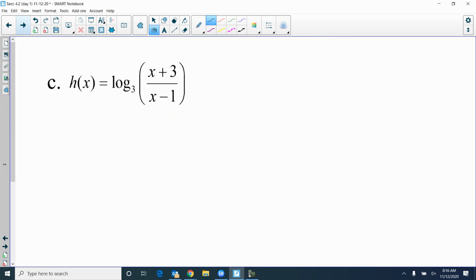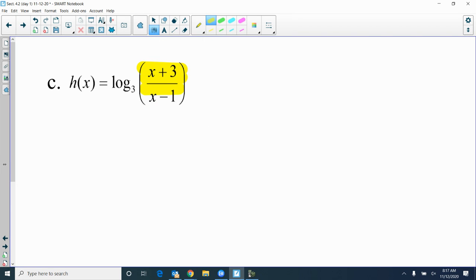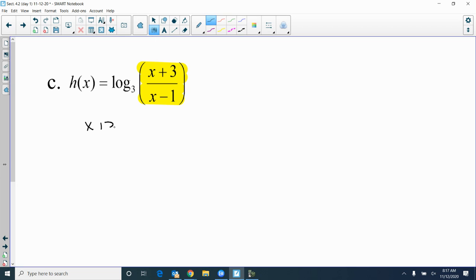All right, that last one there. Think through this one. Go ahead and copy that down. Okay, whatever we're taking the log of has to be greater than 0. x plus 3 over x minus 1 has to be greater than 0.